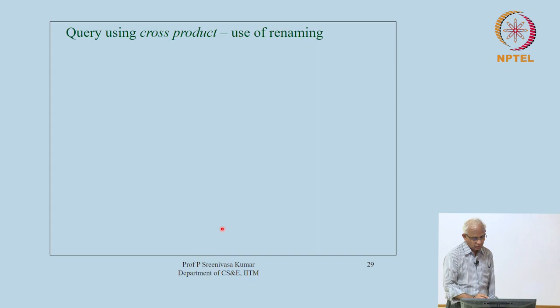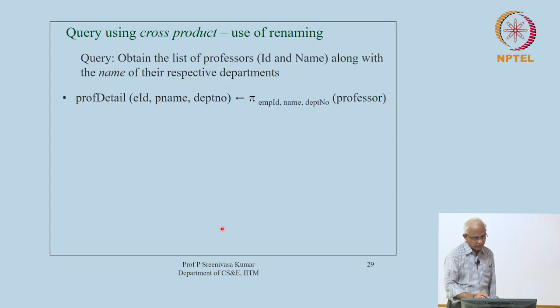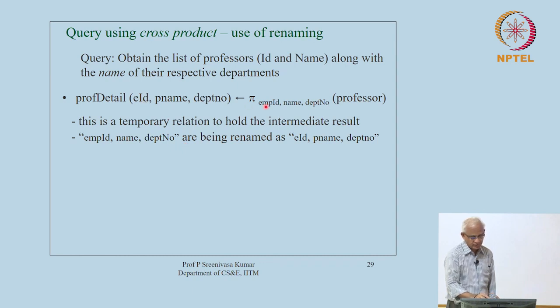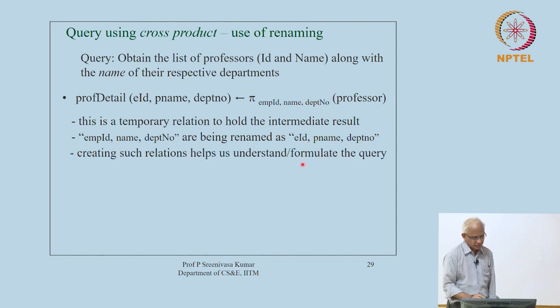So, the use of renaming I have specifically written here: this is a temporary relation to hold the intermediate results, and all these attributes are being renamed as EID, P name and department number. So, we discussed this already, and creating such relations basically helps us in understanding and formulating the query in an easier manner.